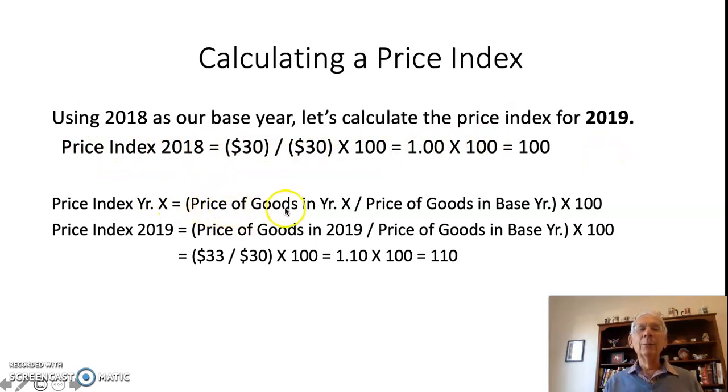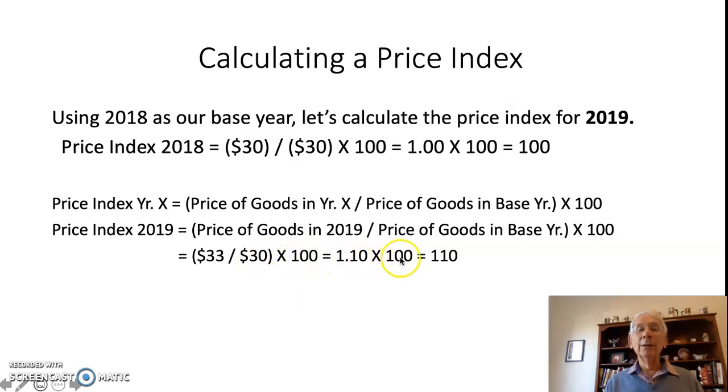Once again, the price of the goods, now we're looking at 2019, was 33. We divide that by the price of the goods in the base year, which was 30. We multiply that by 100.